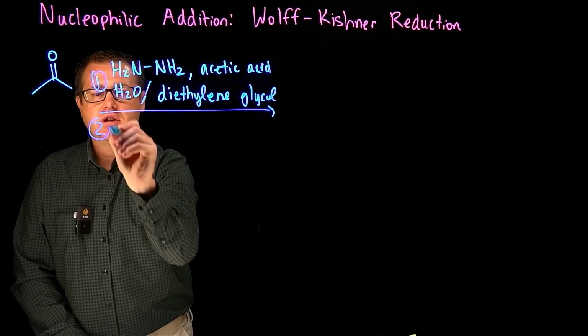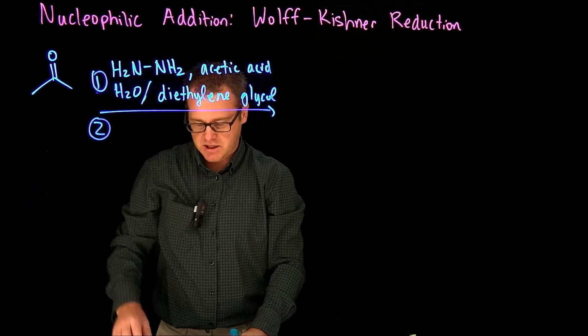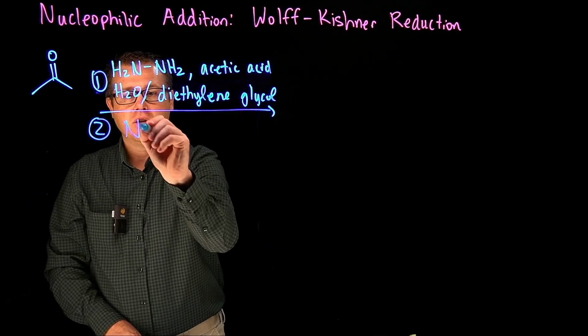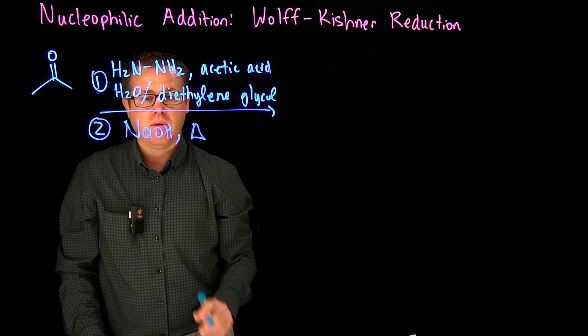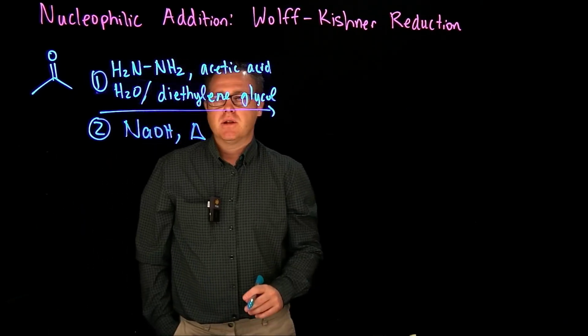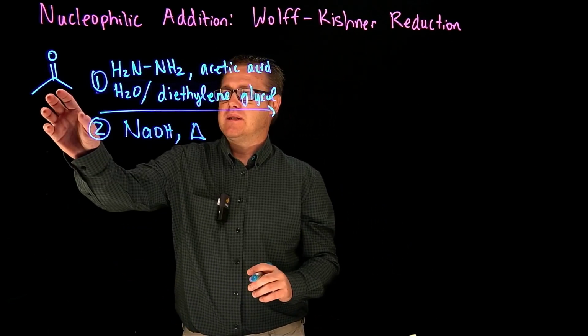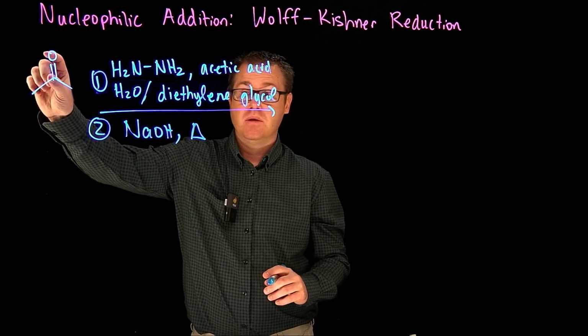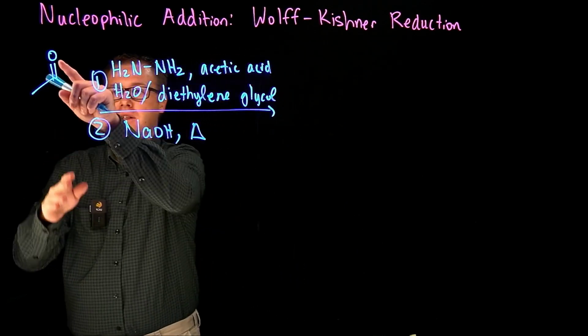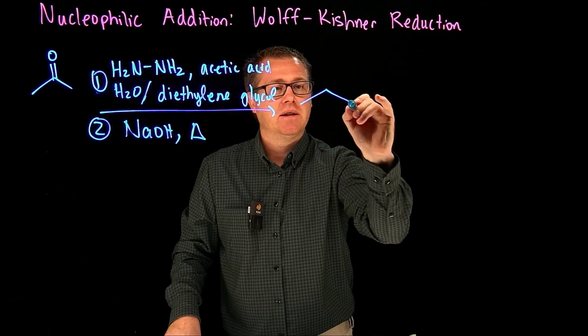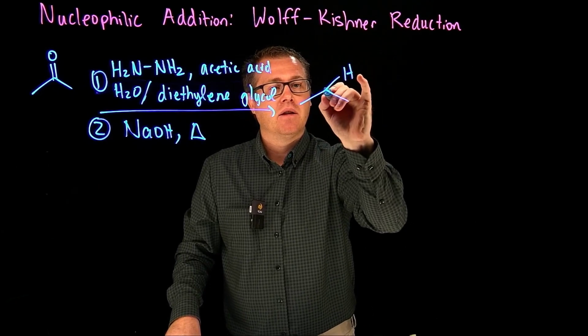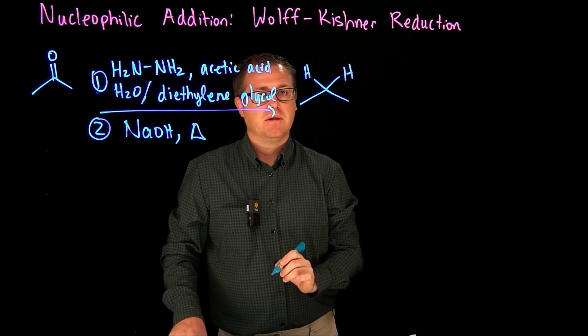Then step 2, so that's our acidic conditions, and then step 2, you add sodium hydroxide, so basic, and then you add quite a bit of heat there. What's going to happen is that you can take this carbonyl group on this ketone and reduce it and replace it with 2 hydrogens, like that.